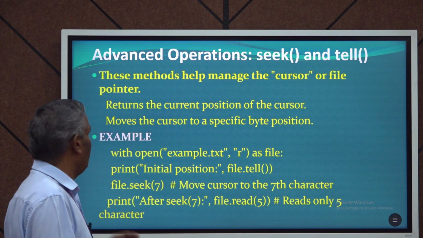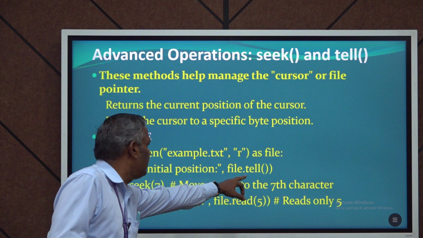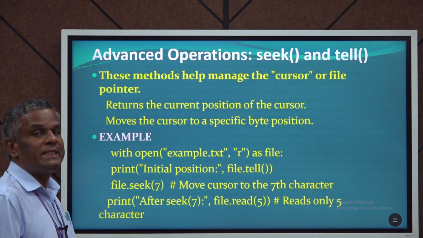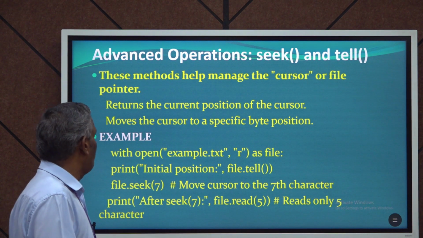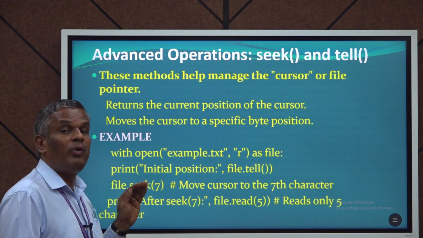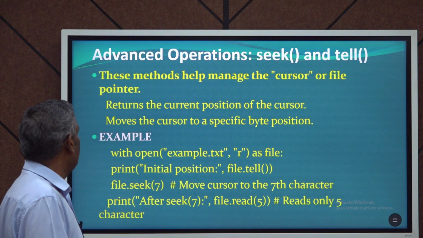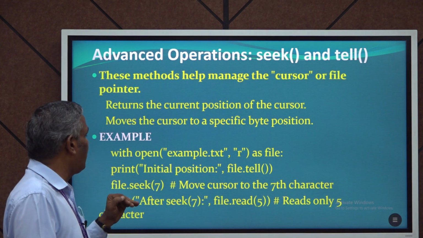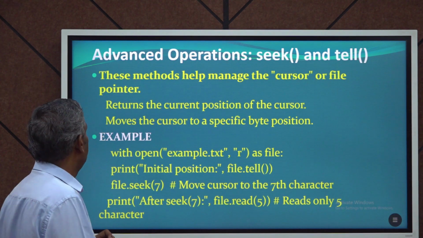So here we are using seek and tell. Seek 7 means it goes from 0 to the 7th position, and file.read 5 means after the 7th position it reads 5 characters.